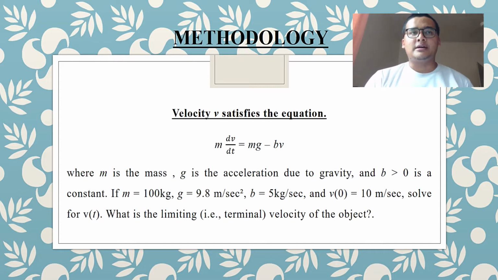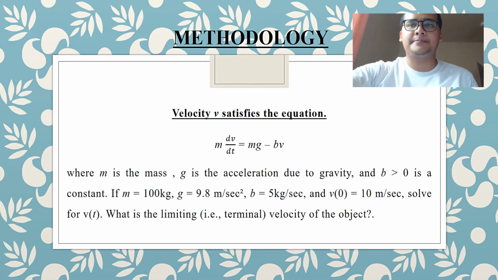If m is 100 kg, g is 9.8 meters per second squared, b is 5 kg per second, and v at time 0 is 10 meters per second, solve for v(t) and find the limiting velocity of the object.